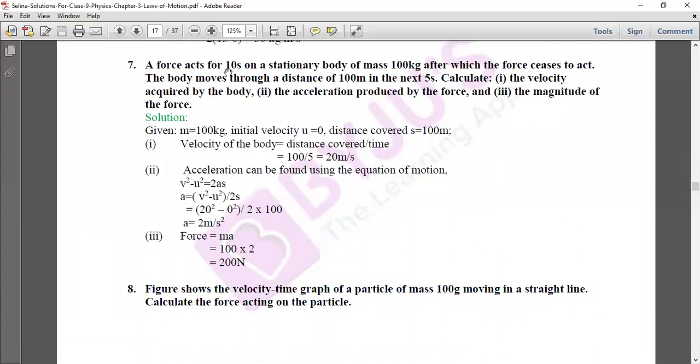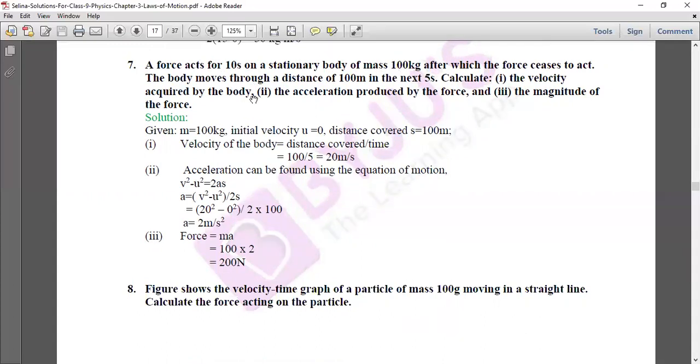A force acts for 10 seconds on a stationary body of mass 100 kg. So what is the time given here? It is 10 seconds. The force is acting on a stationary body for 10 seconds, which means initially the body was at rest.